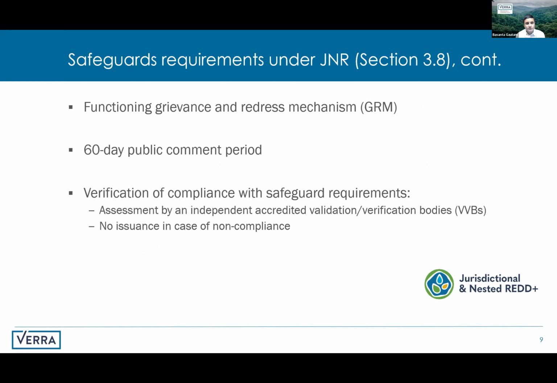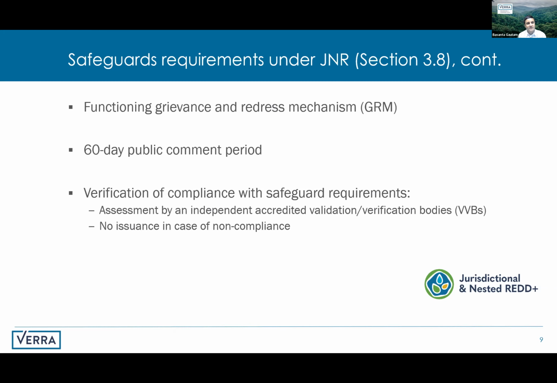And also it is very important to say that we do have the grievance and redress mechanism. So there should be a functioning GRM available under JNR. And then another point, which is very, very important in my personal view also, is the 60-day public comment period. This public comment period is very important to get, as you know, the feedback from the stakeholders or any public who are relevant to the project, or who know about the project and want to say something about it.